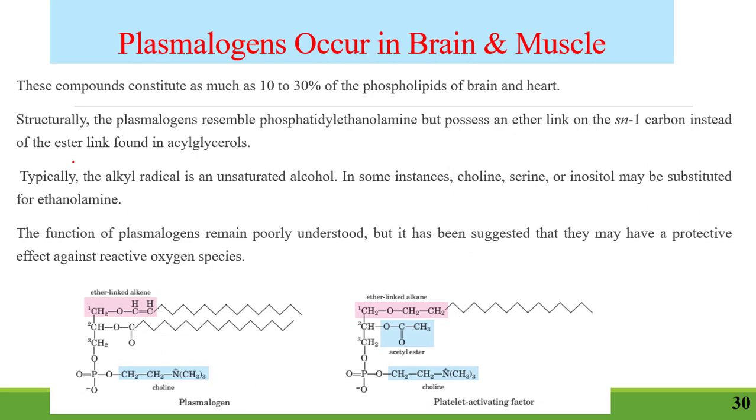Plasmalogen occurs in brain and muscle. This compound constitutes as much as 10 to 30% of phospholipid of brain and heart. Structurally, the plasmalogen resembles phosphatidylethanolamine, but it has an ether link on carbon number 1 instead of the ester link found in acylglycerol.